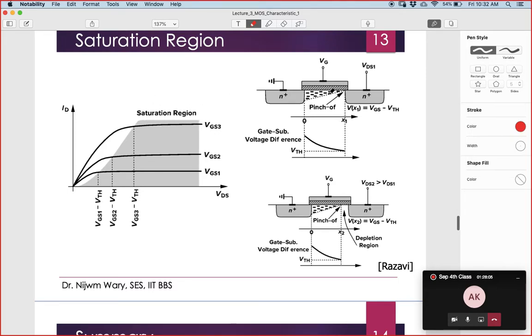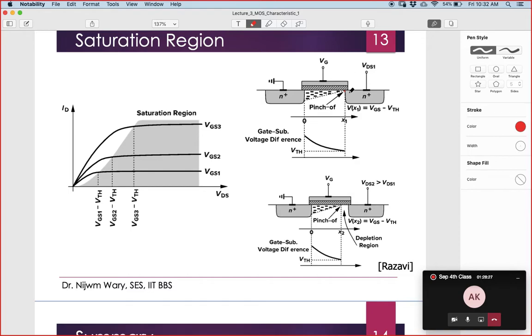Why does it happen? Because as soon as VDS becomes VGS minus VTH, the potential difference at this node becomes 0.